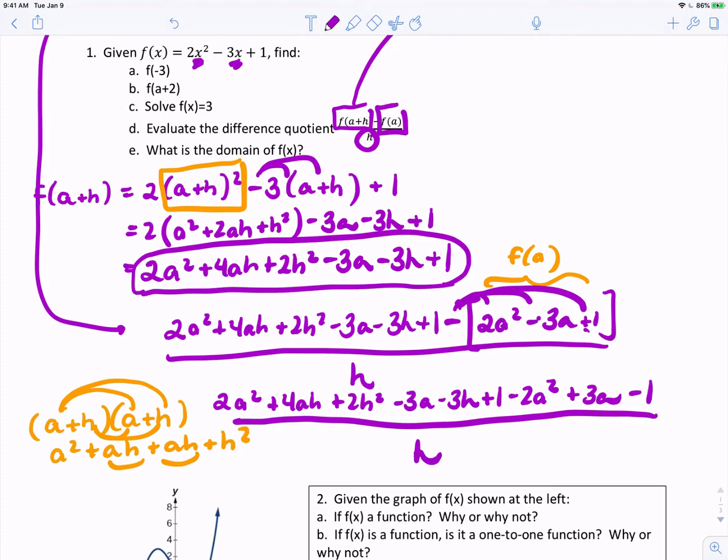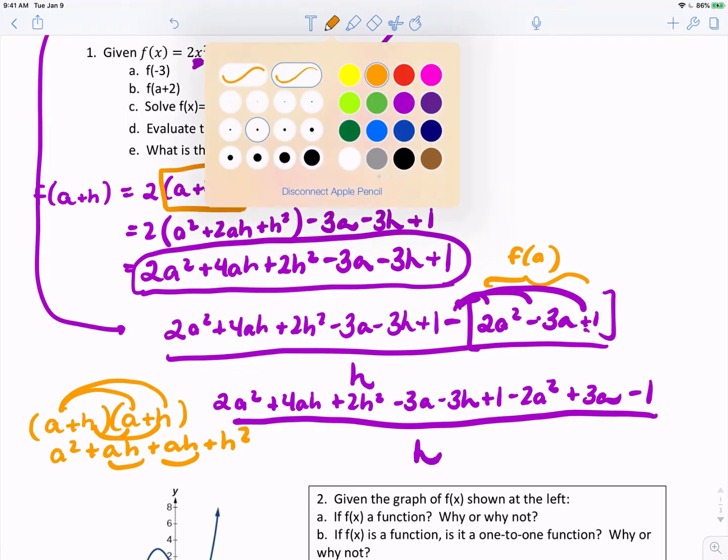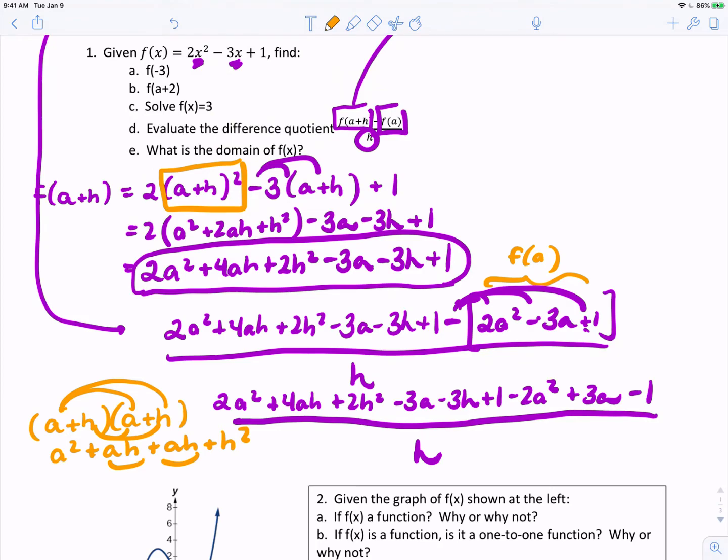So now let's see if we have any terms that cancel. Oh, here we have a 2a squared and a negative 2a squared, so those are going to cancel. Here we have a negative 3a and a positive 3a, so those are going to cancel. Here we have a positive 1 and a negative 1, so those are going to cancel, meaning that when we combine them, we have 0.